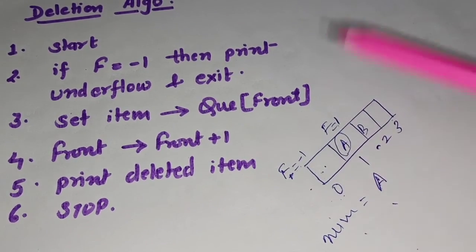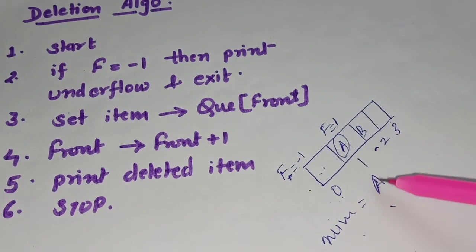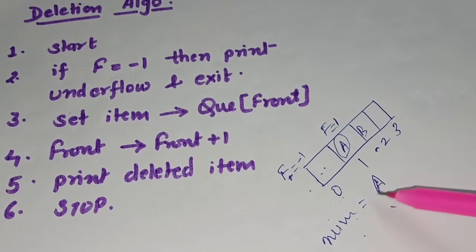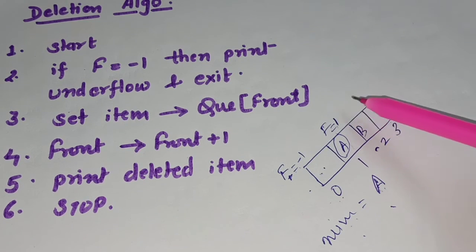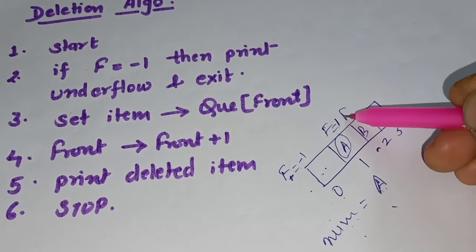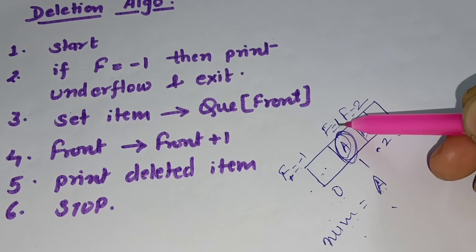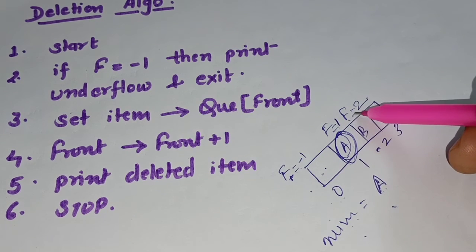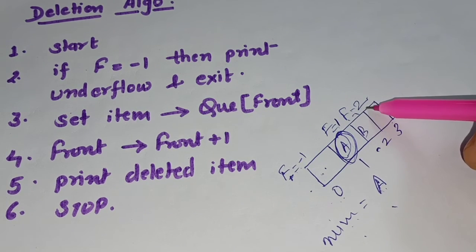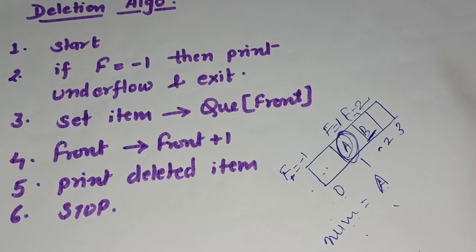Okay. After this, front is equal to front plus 1. After the num variable holds this value, the front value is increased. Now the front value is equal to 2. After taking this value at the first index, the front value increases. Okay, now f value is 2, which means this character is b.